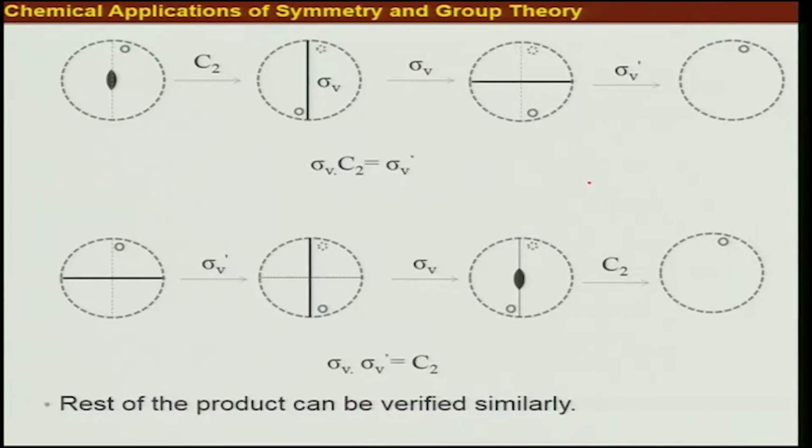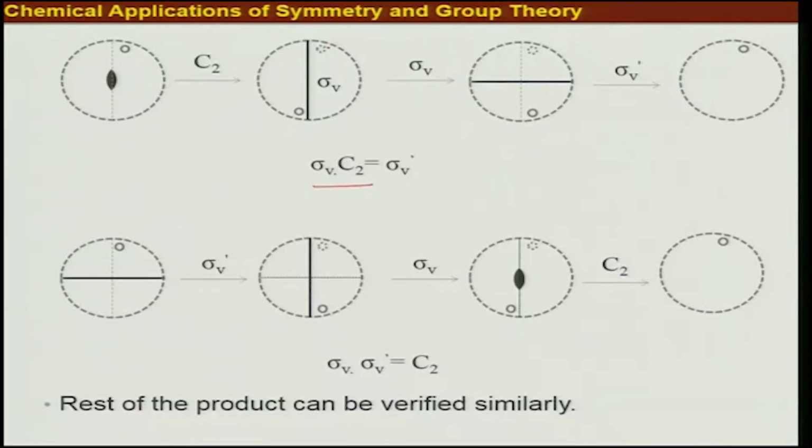Now suppose I try to find out what happens when we operate C2 and sigma v successively. Okay. So that means I have to get sigma v C2, which means first you operate C2 and then you operate sigma v. So first I operate C2, so this point goes over here.